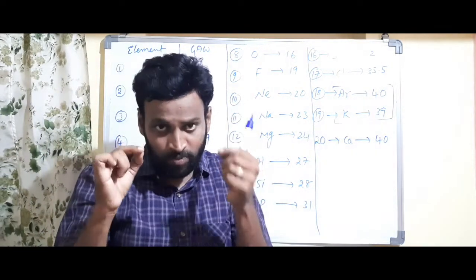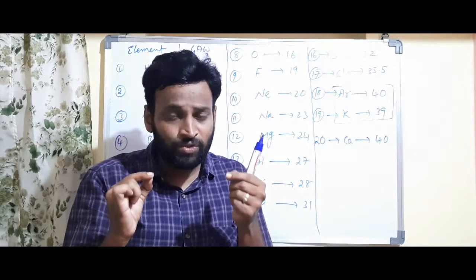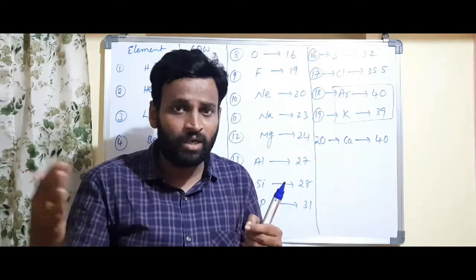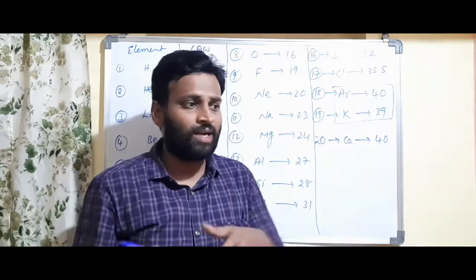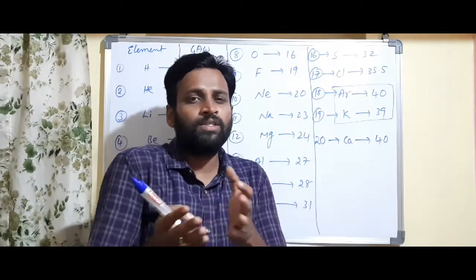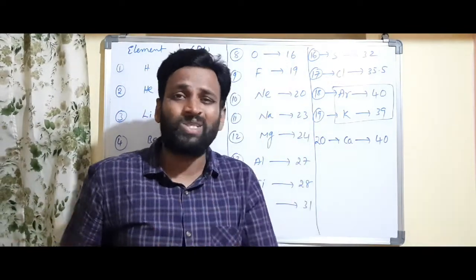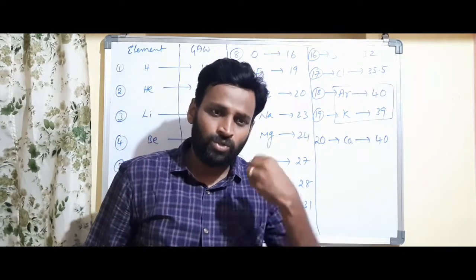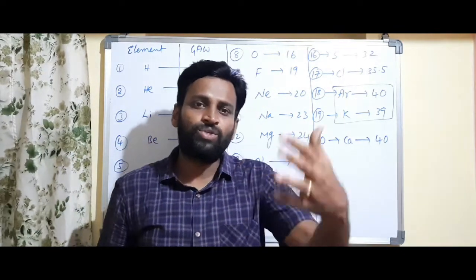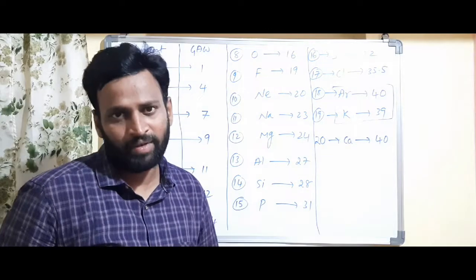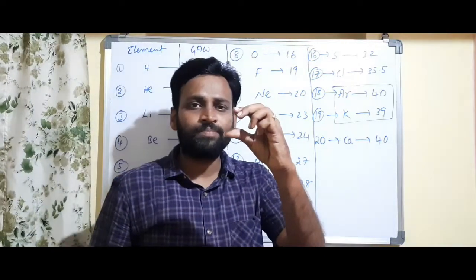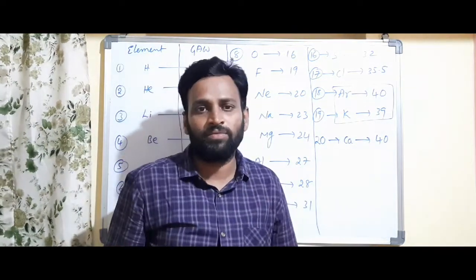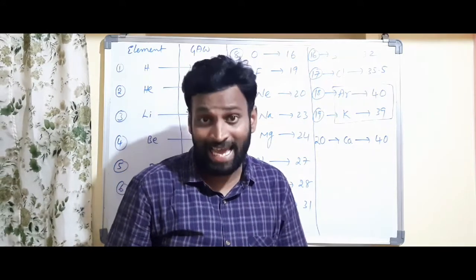You have to keep this point, everybody. What values do we use for solving numericals in future? Gram atomic weights, like 12 grams, because 1.66 into 10 power minus 24 into something means it's a very small value. So usually in future we use only gram atomic weights, because there are certain valid values you can have.